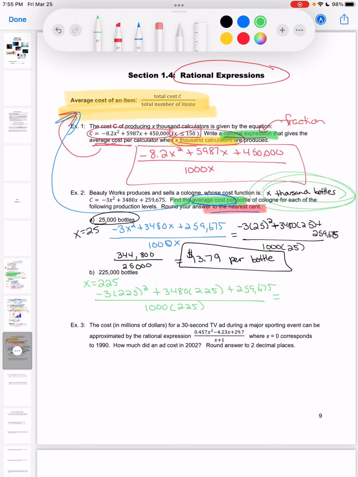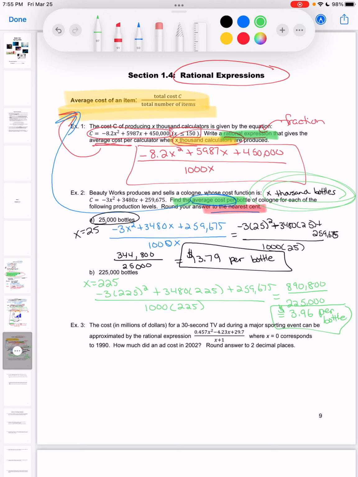It's probably best, though not impossible otherwise, to type in the numerator and get the answer, and then the denominator and get the answer, and then divide for your final answer. And again, round to 2 decimal places.